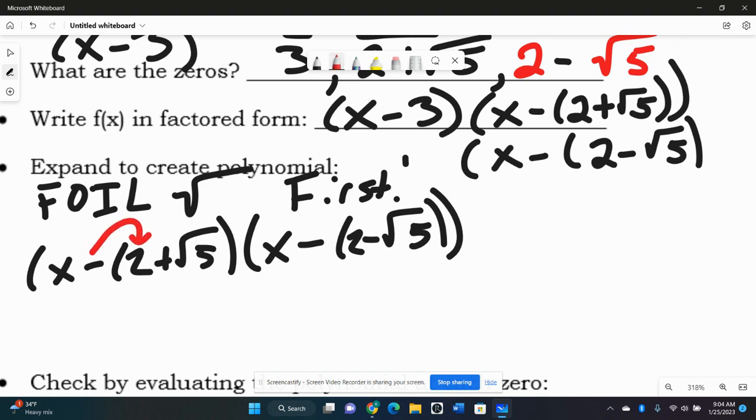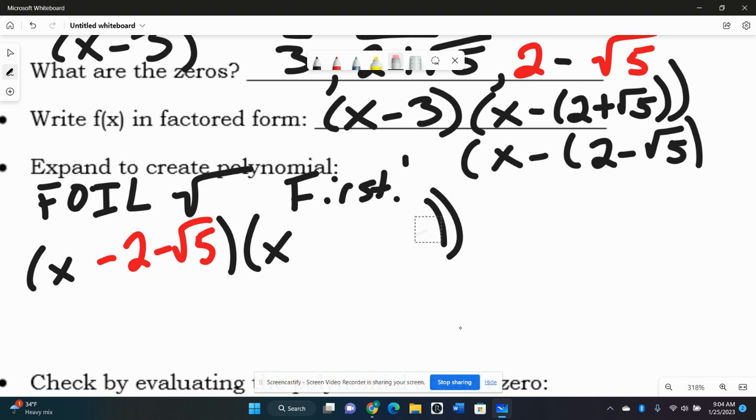And the first thing I'll do is distribute this negative through to both of them. So we end up getting a minus 2 and a minus square root of 5 on our first one. And our second one, if I distribute, I'll get minus 2 and plus square root of 5.